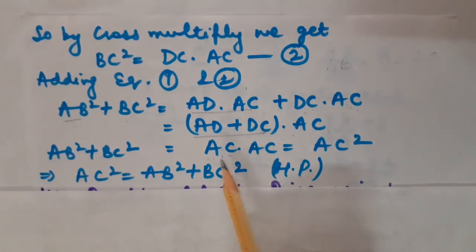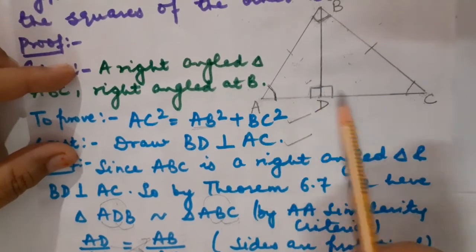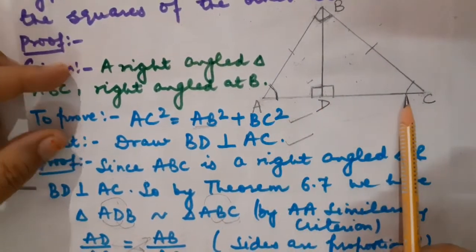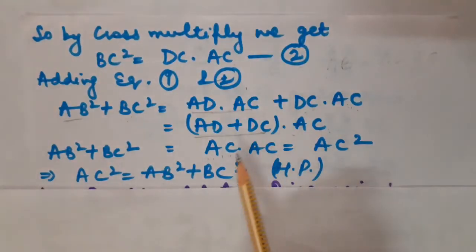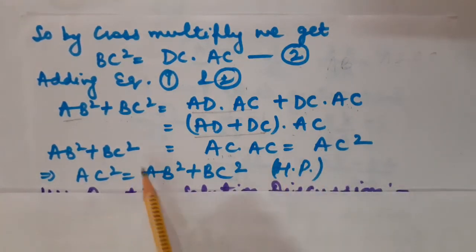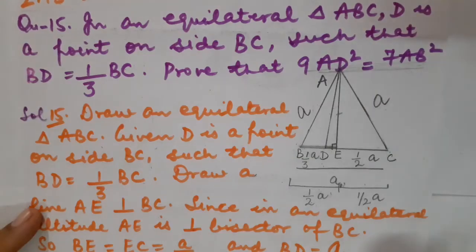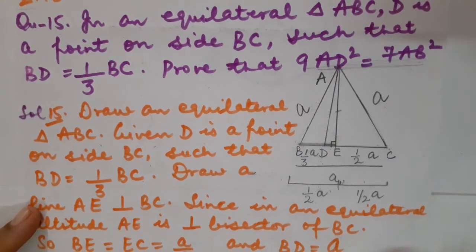The complete side I can show you in the figure. This is AD plus DC, the complete AC only. Correct? So AC into AC will become AC square. Means hypotenuse square is equal to base square plus height square. Hence proved.